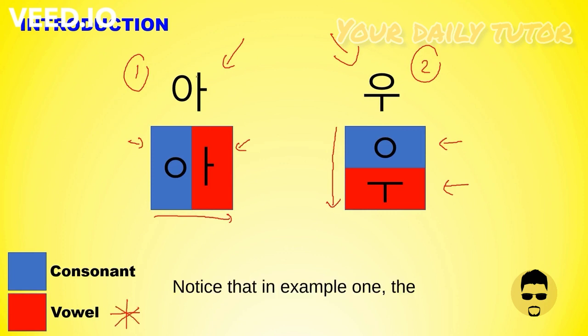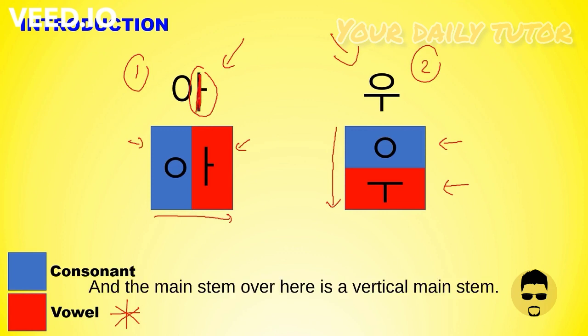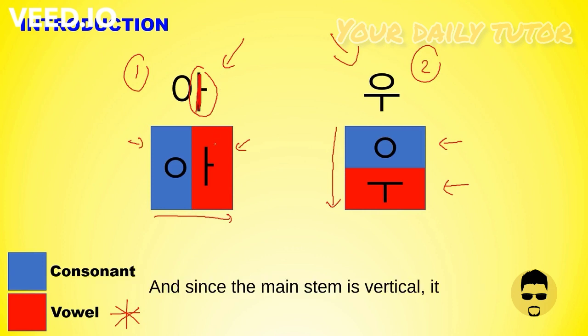Notice that in example 1, the vowel is this symbol over here. Notice that there is a main stem to the symbol over here. And the main stem over here is a vertical main stem. And since the main stem is vertical, it should be written in the left-right orientation. In fact, I'm going to show you other vowels with a vertical main stem.